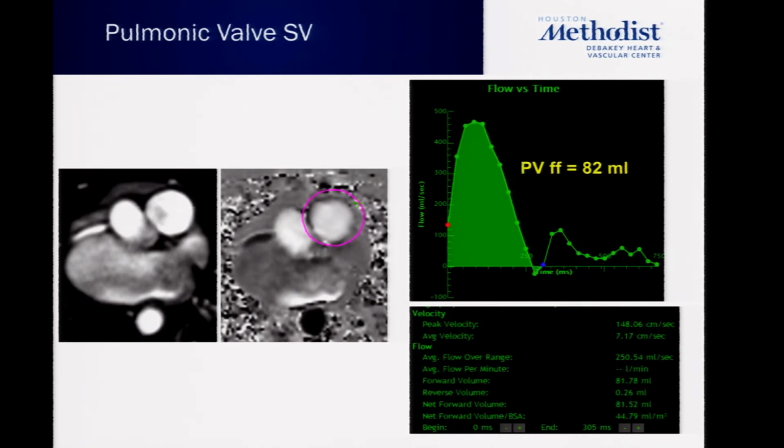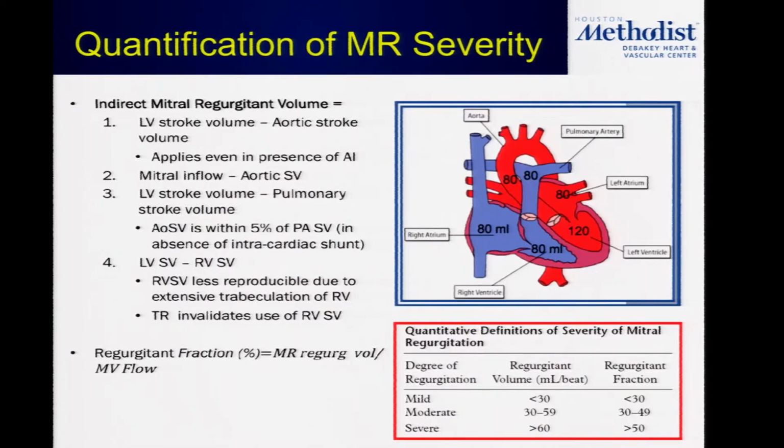Now, let's say for some reason your aortic outflow measurement is contaminated. In those cases, you can also go to your pulmonic flow assessment. For a valve assessment, we're going to do all of these imaging and all of these measures. And you could then compare the LV stroke volume to the PA outflow and use that as a secondary way to determine your mitral regurgitation severity.